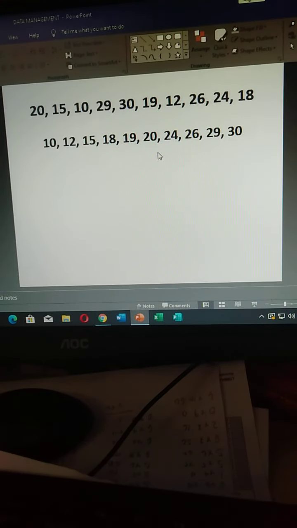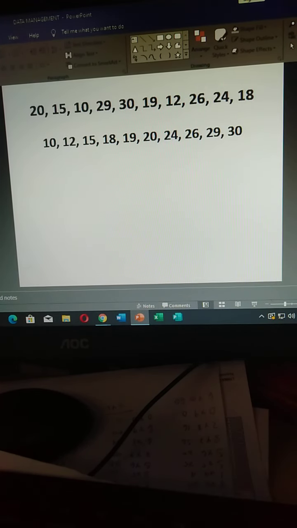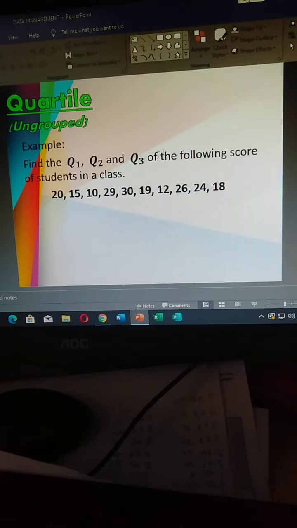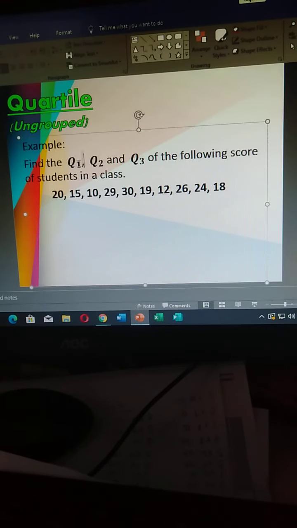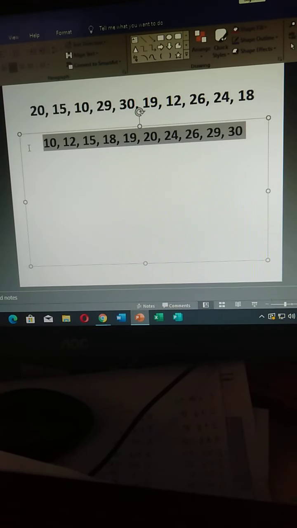So, first, para makuha si Q2, is the median of the distribution. Dito, since, di ba, tatlo lang hinahanap. Meaning, gilid to, gitna to.